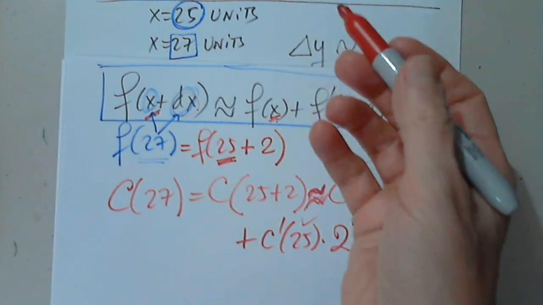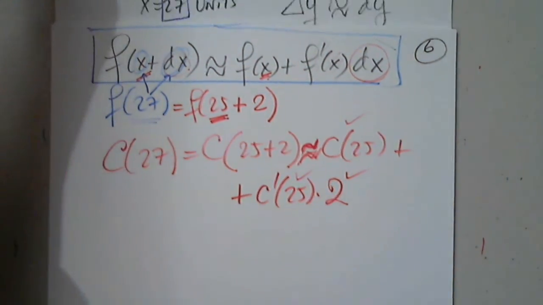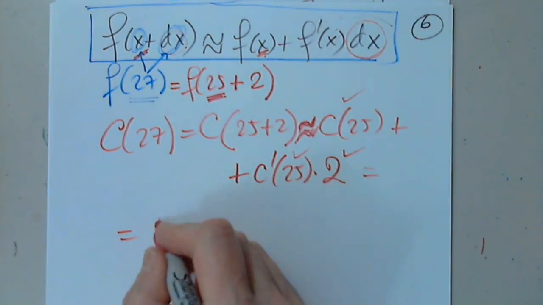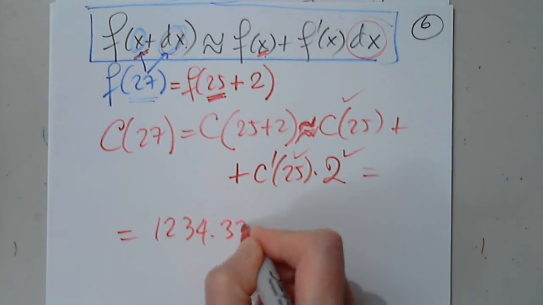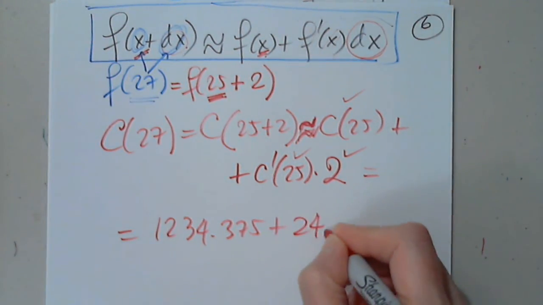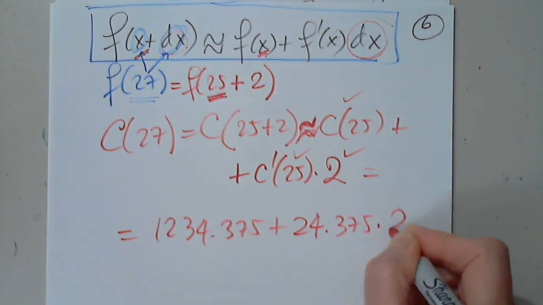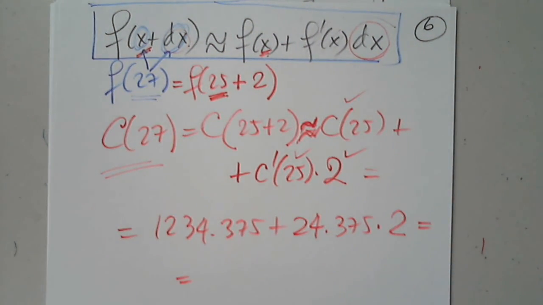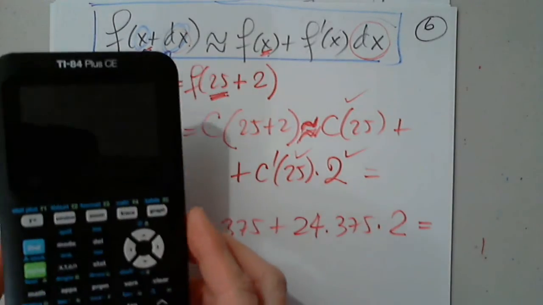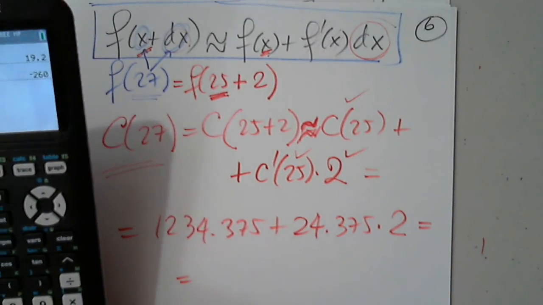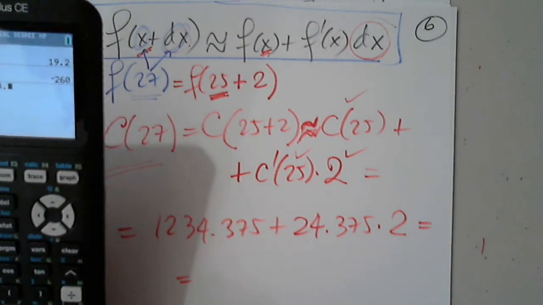I have them from the previous step. So now I can write equals c of 25, 1,234.375, plus c prime of 25, 24.375, times 2. And this will be the cost of 27. Since it's just a multiplication, I'm just going to do 1,234.375 plus 2 times 24.375.